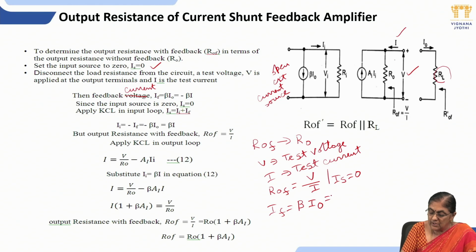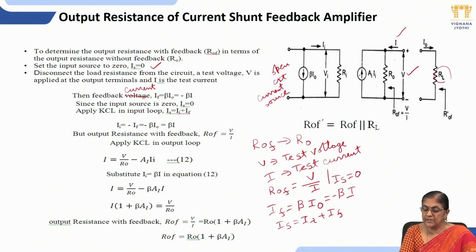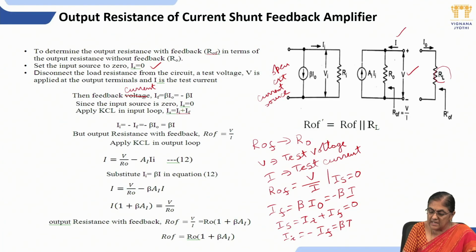Therefore I naught is equal to minus I. So IF becomes minus beta into I. Okay. By applying KCL in the input loop, Is is equal to II plus IF. But to derive the expression for output resistance, set input source to 0. That means Is is equal to 0. Then II is equal to minus IF. Therefore, II is equal to beta I.